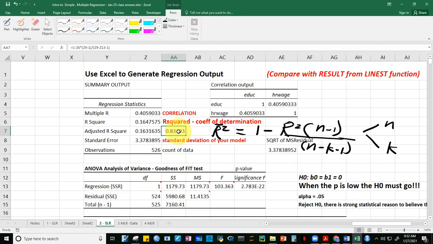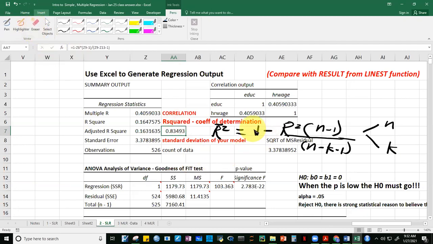Mali yata. Baliktad yata yung formula ko. Sorry guys, my apologies. I got the formula mixed up.